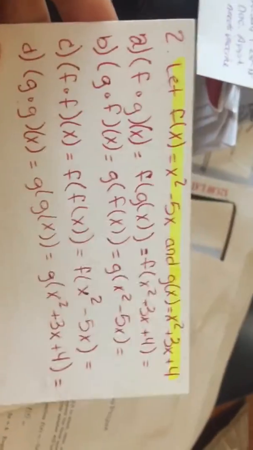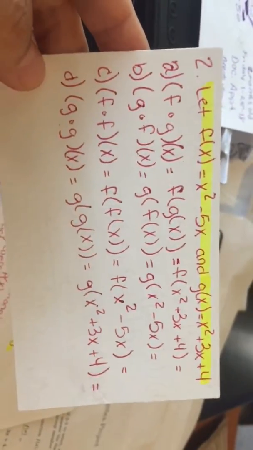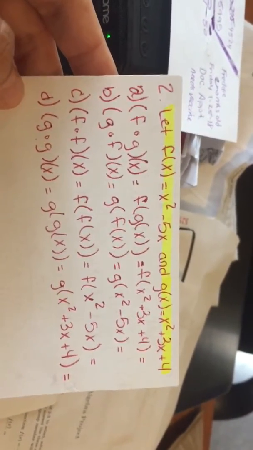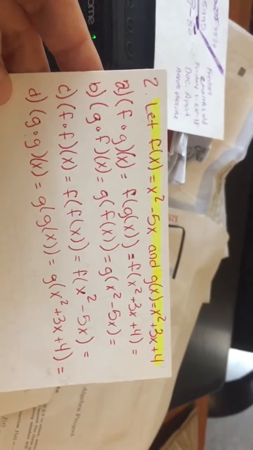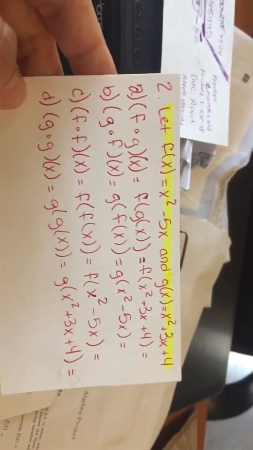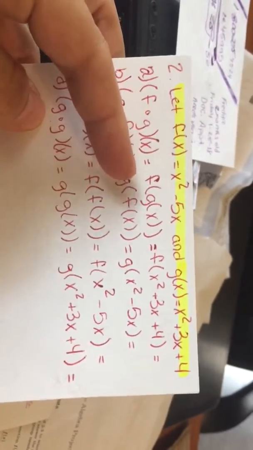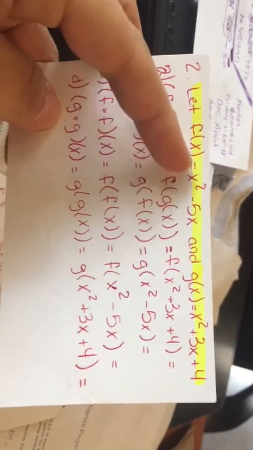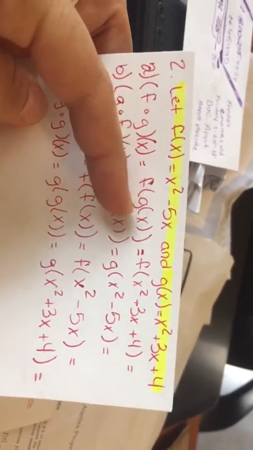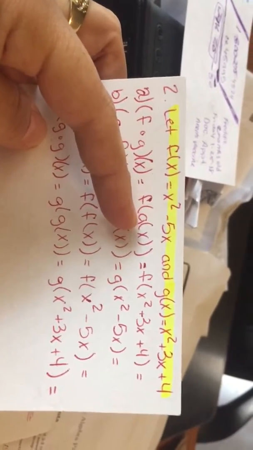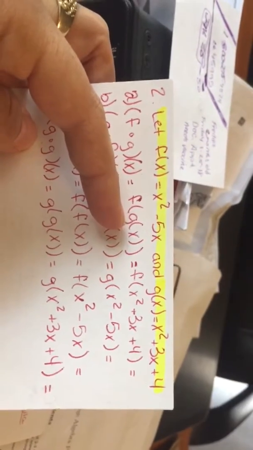You have your problems on top. x squared minus 5x is what f of x equals, and then you have g of x, and that equals x squared plus 3x plus 4. So you're going to write in the x squared minus 5x here, and then for g of x, you're going to write x squared plus 3x plus 4.